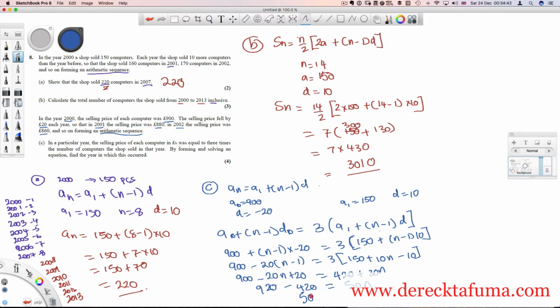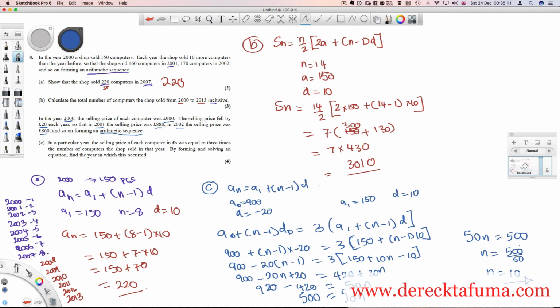That's 500 equals 50n. So n equals 500 divided by 50. So n equals 10. So that was in the 10th year.